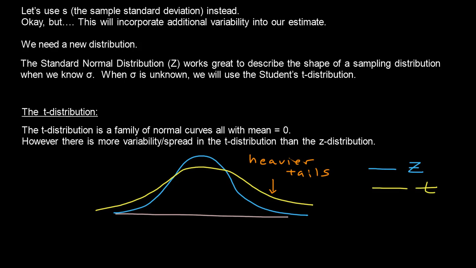I had mentioned that there is a family of normal curves that make up the t-distribution. Because there are many different t-distributions, their precise shape, like how heavy those tails are, is going to be dependent on something called degrees of freedom. So what is degrees of freedom?